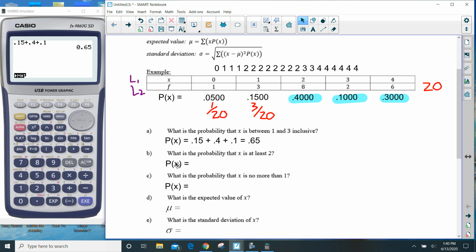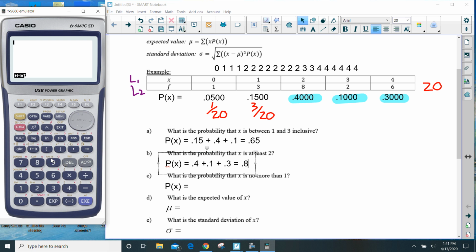So again, doing it the same way as the previous problem, that would be 0.4 plus 0.1 plus 0.3, which is going to be equal to 0.8.